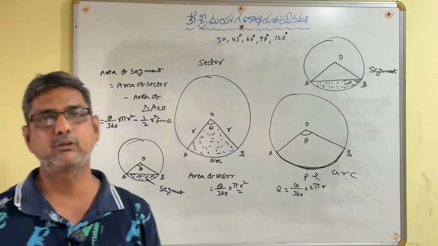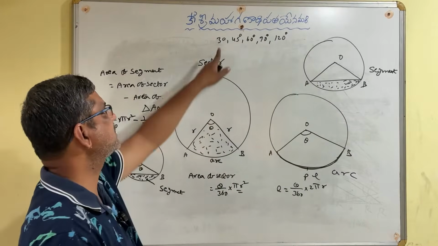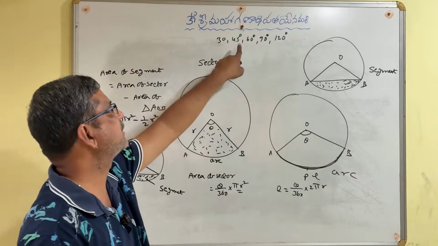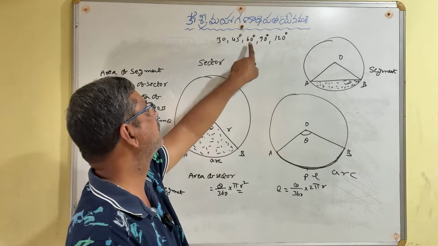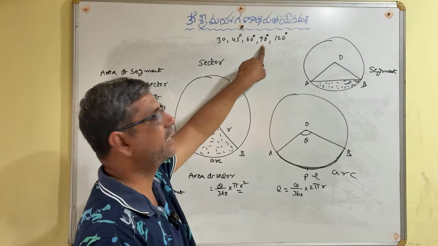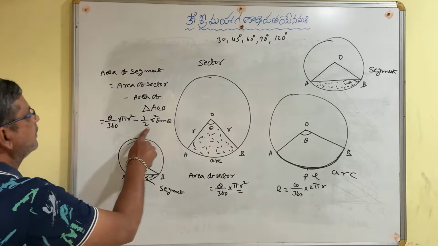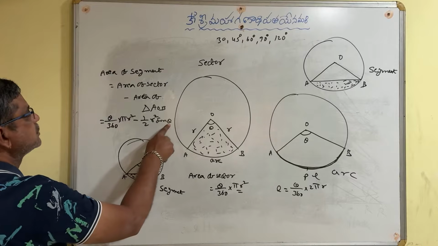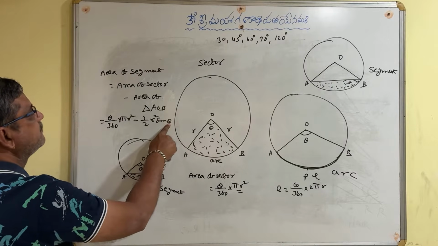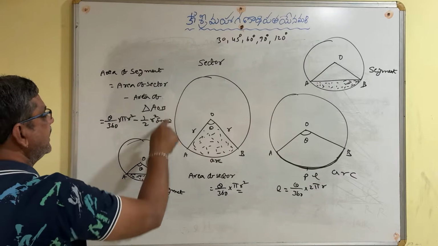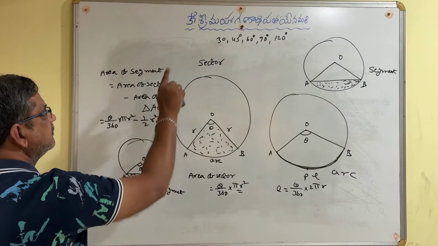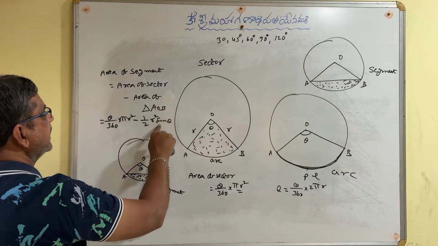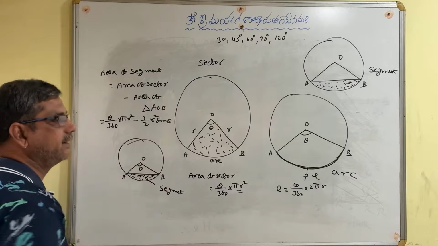We know sine 30, sine 45, sine 60, sine 90, because to find the area of a triangle we have the formula half r square sine theta. In place of theta, if you keep 30, it becomes sine 30, then sine 45, sine 60, sine 90, sine 120.